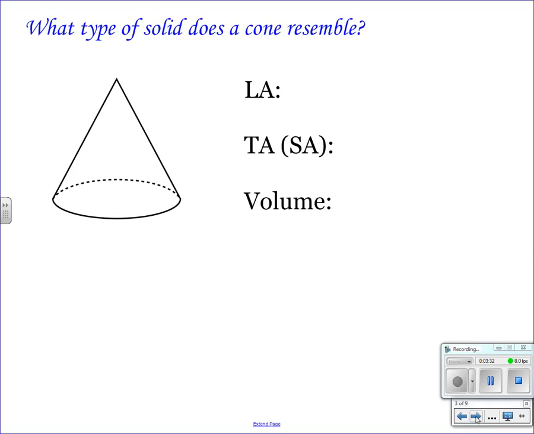Now a cone. And a cone resembles a pyramid because it has an apex or a vertex. So our lateral area for a cone is 1/2 perimeter of the base.